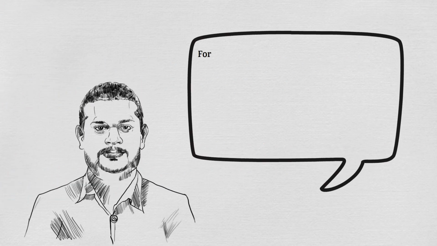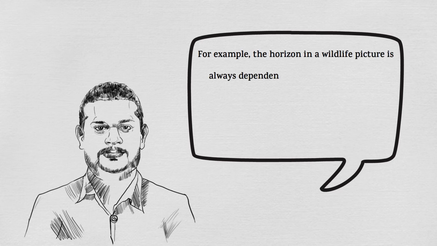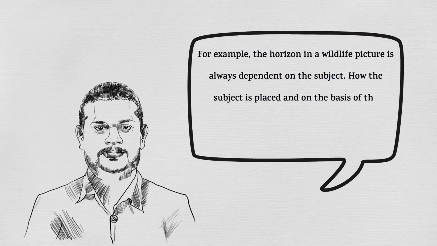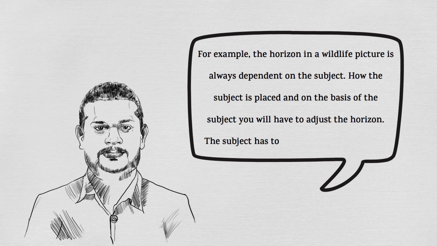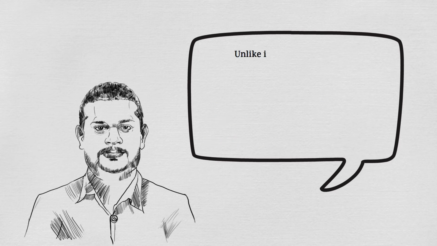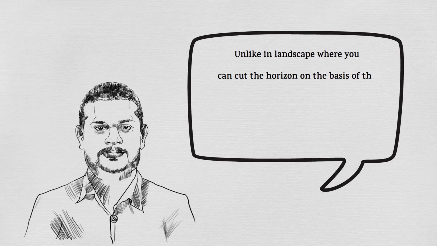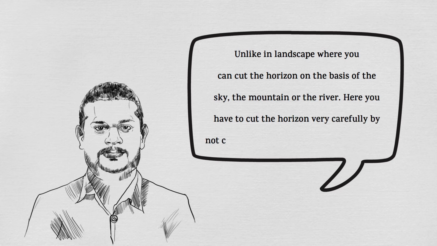The horizon in a wildlife picture is always dependent on the subject, how the subject is placed, and basis the subject you will have to adjust the horizon, and the subject has to be the main feature here. Unlike in landscape where you can cut the horizon basis the sky or the mountain or the river, here you have to cut the horizon very carefully by not cutting the subject exactly into half.